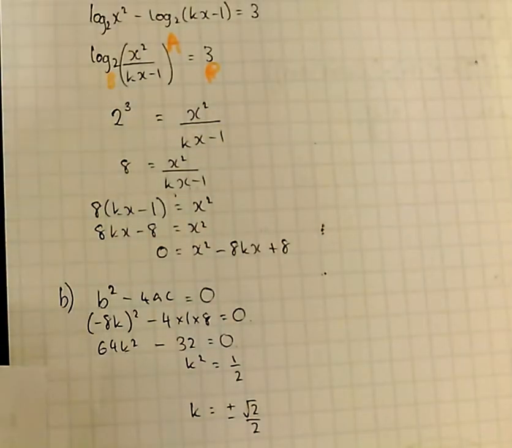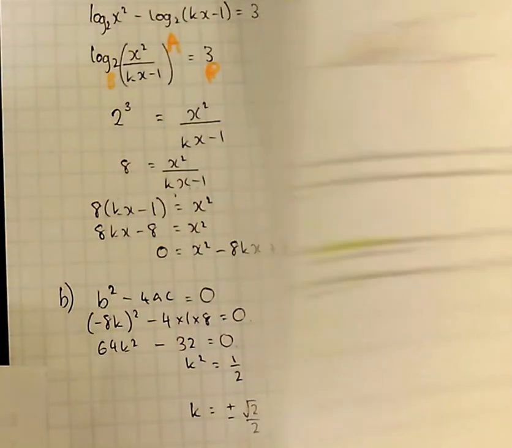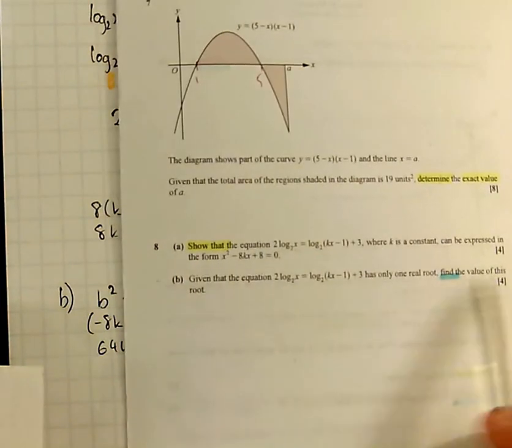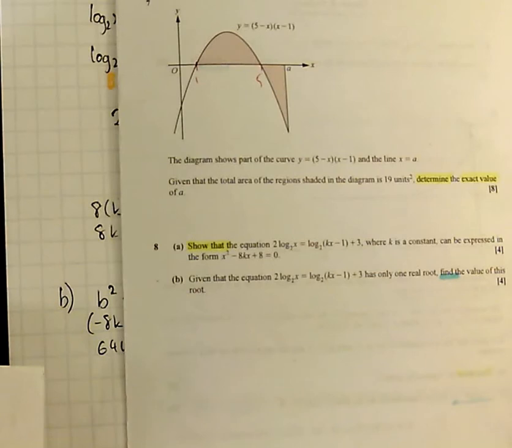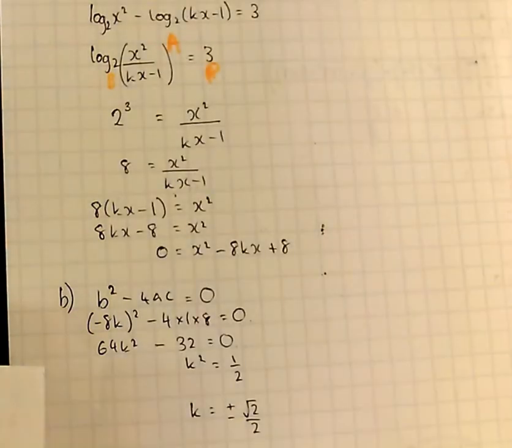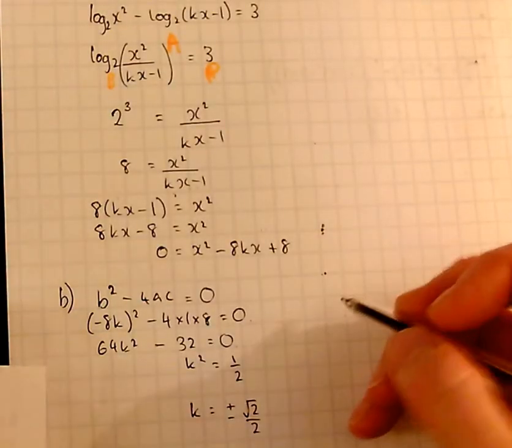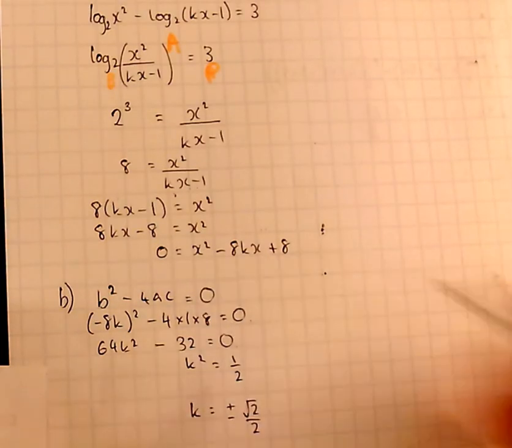Right, so we are not asked for k, but we're asked to find the value of this root. So that means to find the value of x. Okay, so let's have a look if we pop that into our equation.